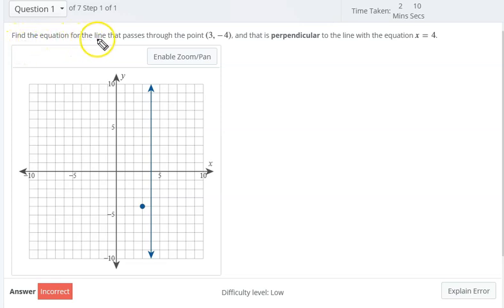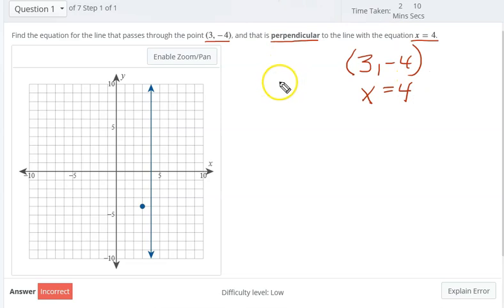Find the equation of a line that passes through this. So this is our point here, 3 comma negative 4. And that is perpendicular to the line with the equation x equals 4.